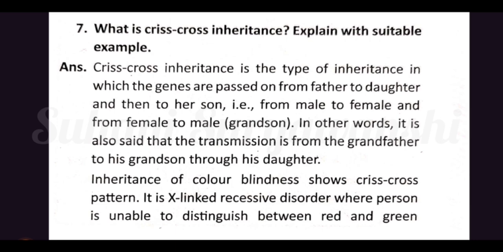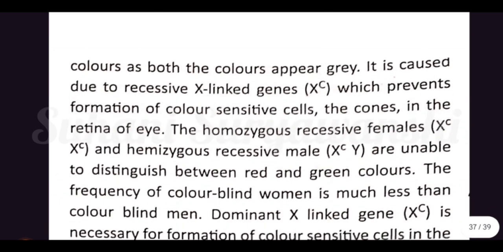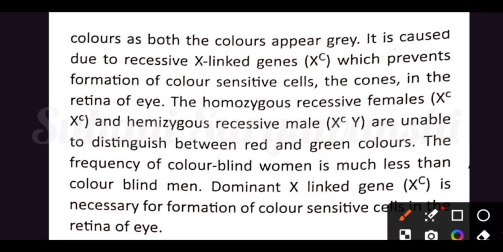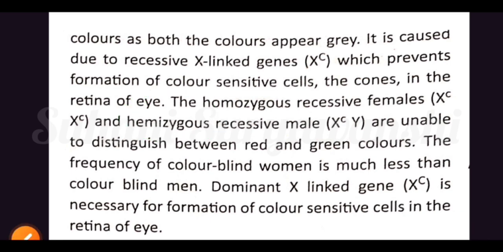So it is an X-linked recessive disorder where a person is unable to distinguish between red and green colors as both the colors appear grey. It is caused due to a recessive X-linked gene which prevents formation of color sensitive cells, the cones, in the retina of the eye. The homozygous recessive female and the hemizygous male are unable to distinguish between red and green colors.